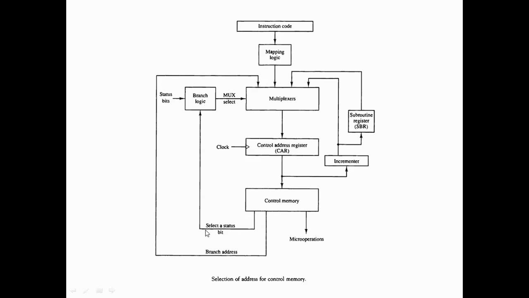Status bits may be from this control word and it may be from outside also. So it may be, for example, checking status whether the accumulator has a 0, whether the accumulator has a positive number, the sign bit. And this way we can generate the next address. This is generation of next address for control memory.